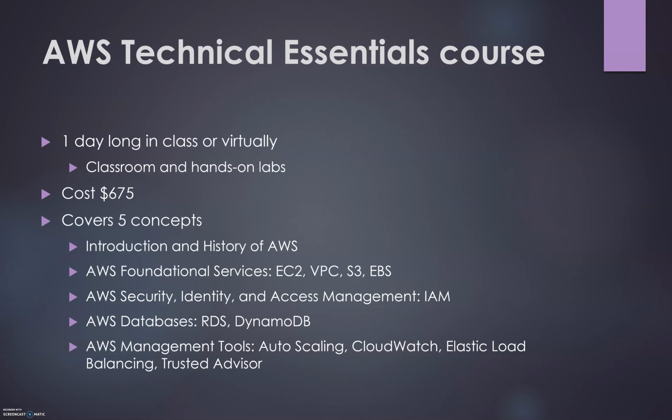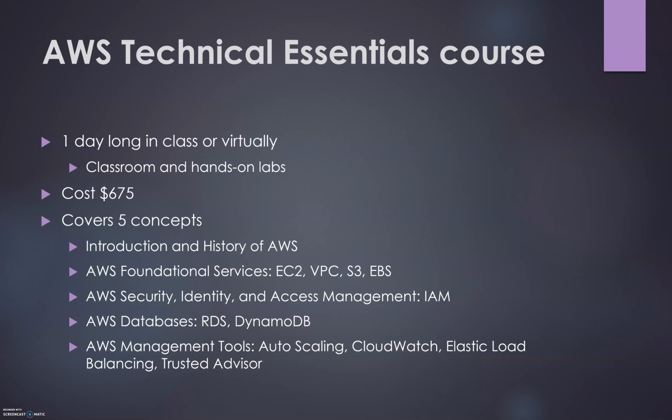The second portion is a 1-day class, classroom or virtual, depending, with hands-on labs, which is your AWS Technical Essentials course. That costs $675. It covers 5 concepts, starting with the introduction and history of AWS, then AWS Foundational Services: EC2, VPC, S3, EBS.